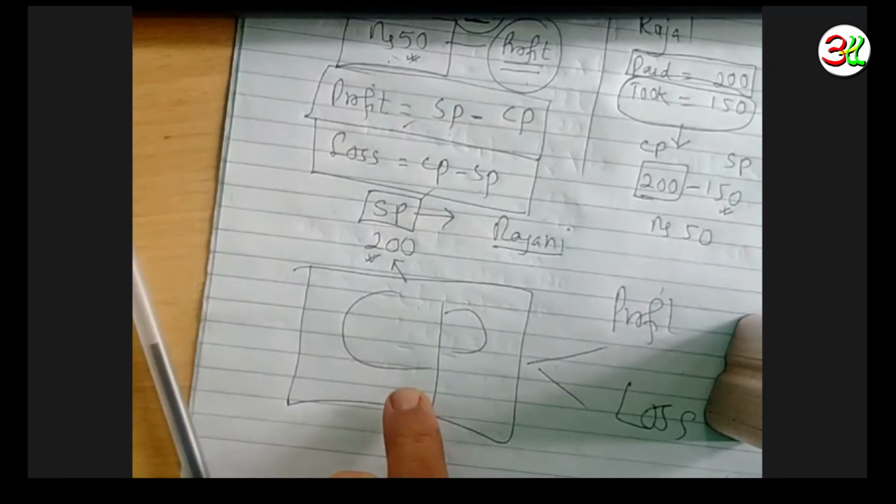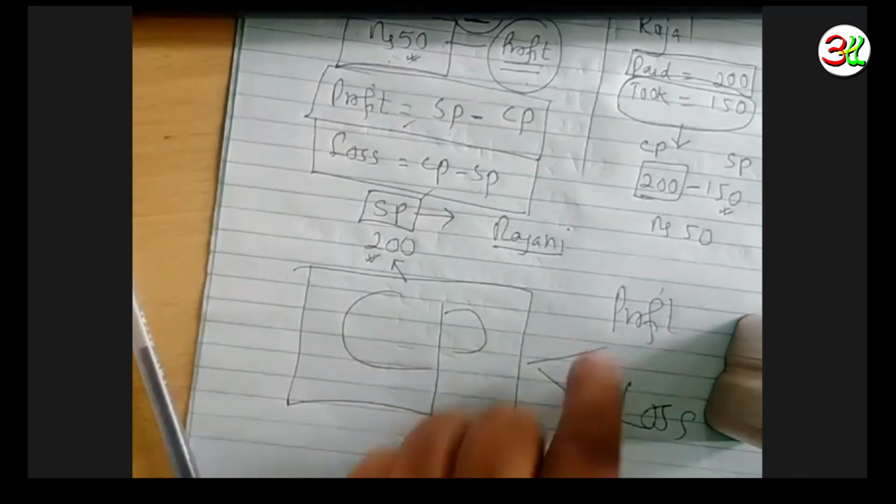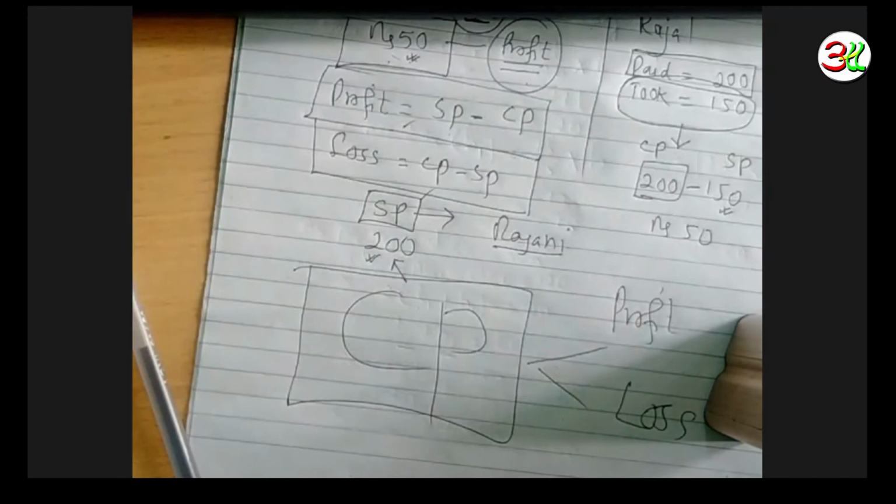I told you cost price is the most important thing to declare profit or loss. Asbina, if I sold it at 5,000, is there profit or loss? There is no CP, so we cannot say whether it is profit or loss.